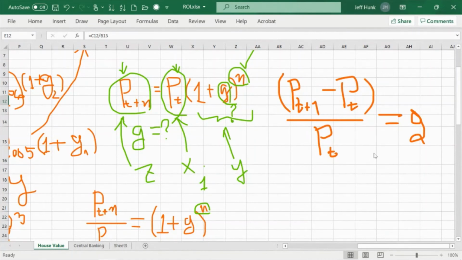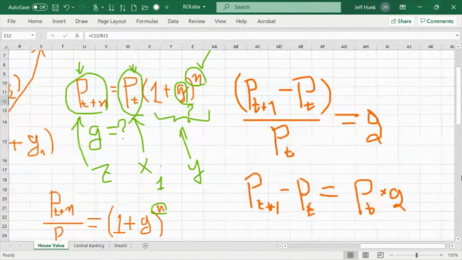Growth rate. But then if I rewrite it, it's going to be P_{t+1} minus P_t equals P_t times G. Isn't it right? I'm actually drawing this with the mouse. We follow the math.